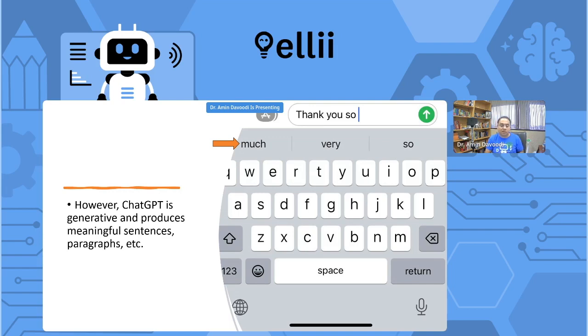So obviously the model is, as I said, a million times bigger than this. But I try to simplify this and show you that this is the way it works. But we also need to bear in mind that ChatGPT is generative and can produce meaningful long sentences and paragraphs, something that our cell phone and the predicting text feature probably cannot do.